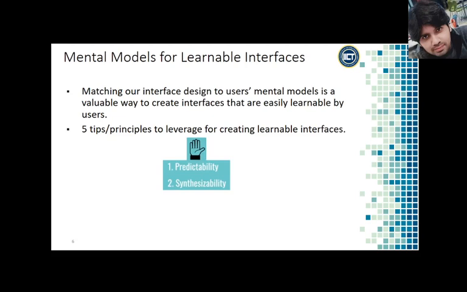Now the third is familiarity. This is similar to Norman's principle of affordances. The interface should leverage actions with which the user is already familiar from real-world experiences. For example, if you are trying to indicate something is either good or bad, you will likely want to use red and green instead of blue and yellow.